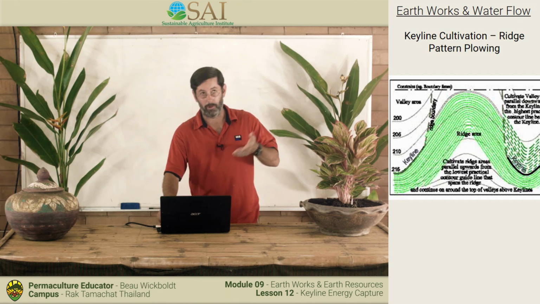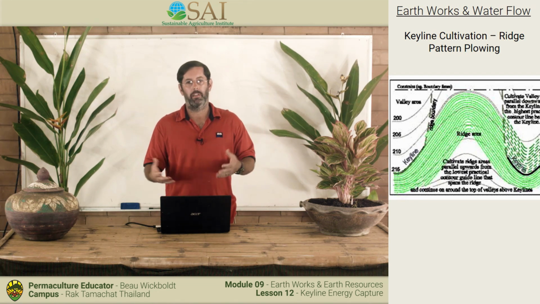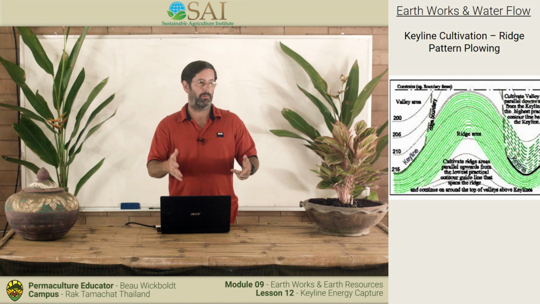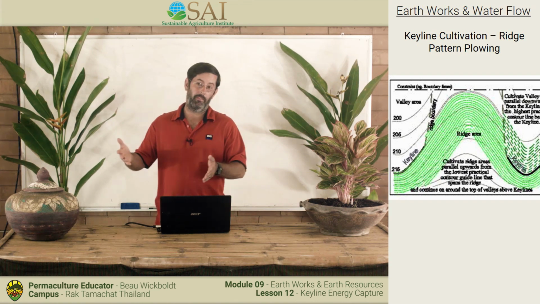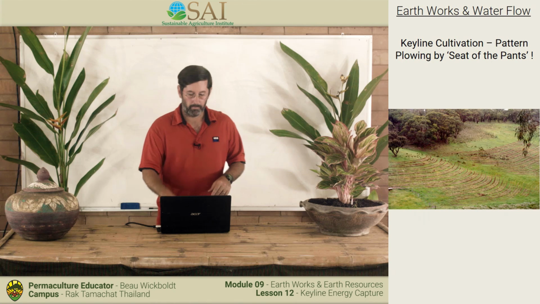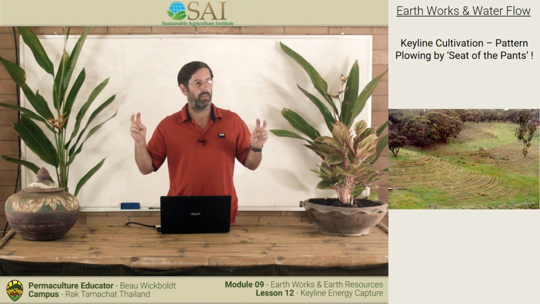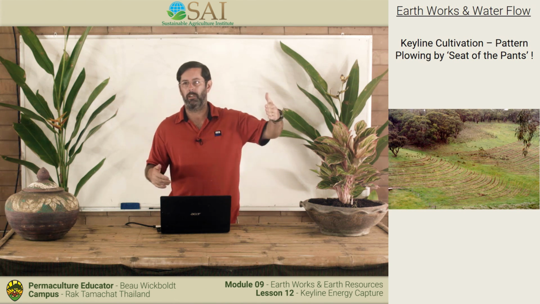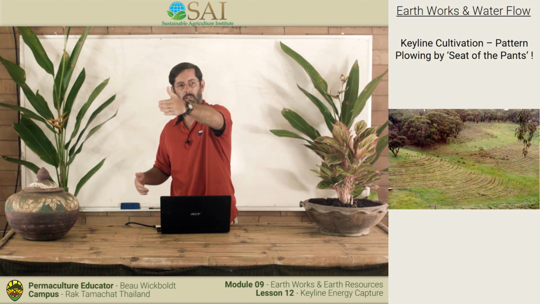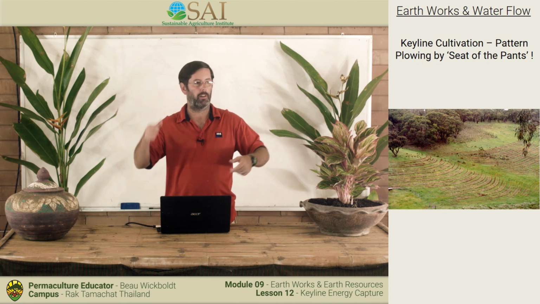If we see a real picture, which they didn't have when permaculture came out. They couldn't print color pictures in the books, okay? So you don't see many in the designer's manual. But now with the advent of computers, it's much easier. So here, this is called pattern plowing, or by the seat of the pants. So the operator drove the tractor up to the top of the hillside, and he drove on contour, and then he followed that without a level or without a survey.